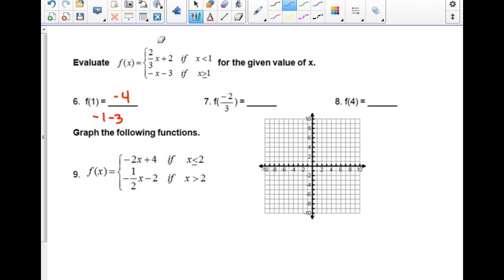-2/3 is less than 1, so you would use the first equation. So we would need to do 2/3 times -2/3 plus 2. 2/3 times -2/3 is -4/9 plus 2.